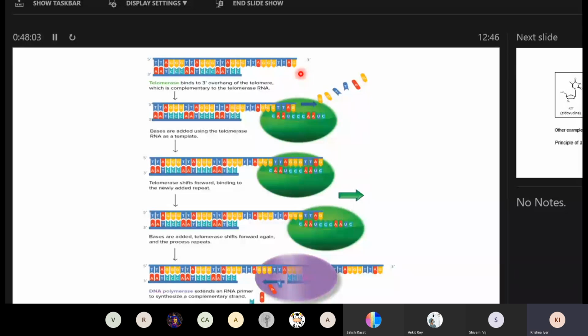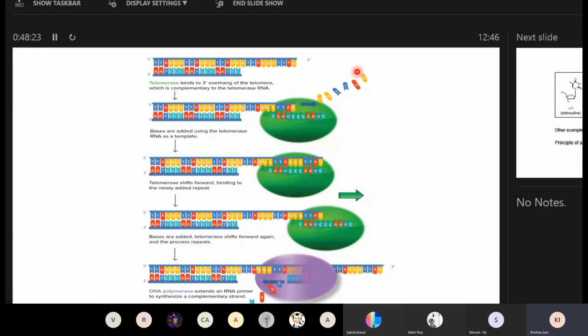So, a lot of times, treatment of cancer is accomplished by using what are called telomerase inhibitors, because telomerase is now produced by these cancer cells in order to allow them to keep on replicating without shortening the end of DNA.